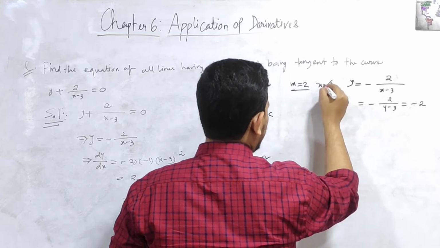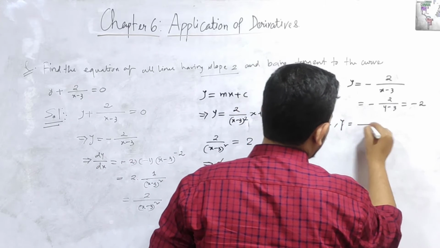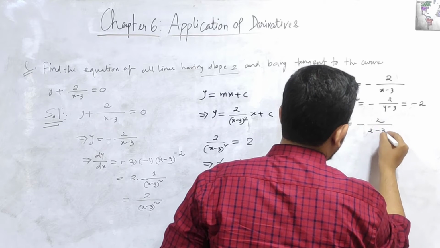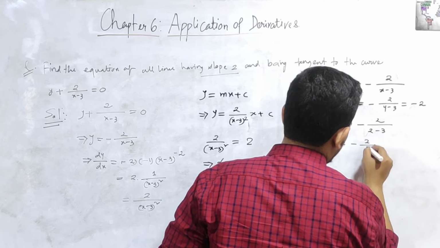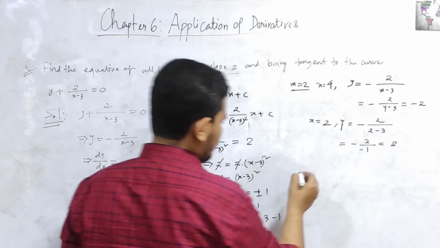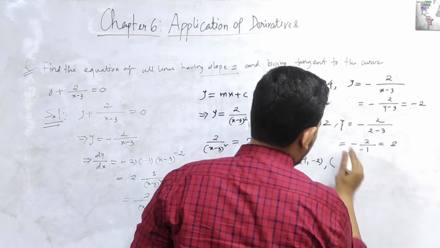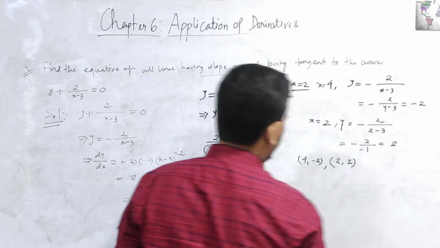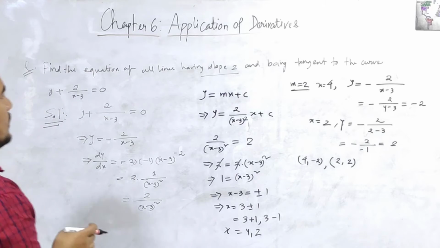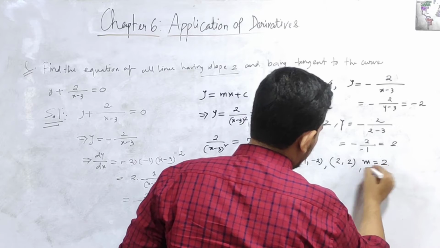And again at x equal to 2, y value will be 2 minus 3. So basically this will be minus of 1, so this will be 2. So basically we have got 2 points, that is 4 comma minus 2 and 2 comma 2. So these are the points at which we need to find out the equation of tangent, and our slope at these points will be 2.